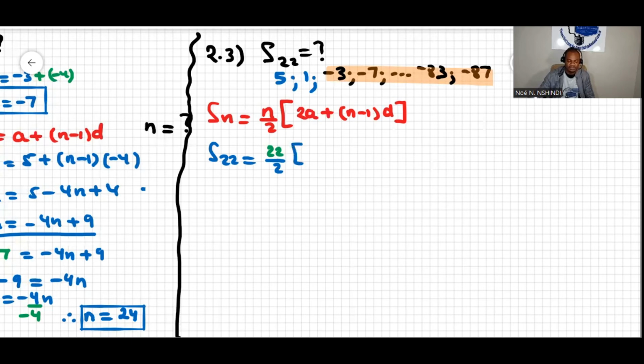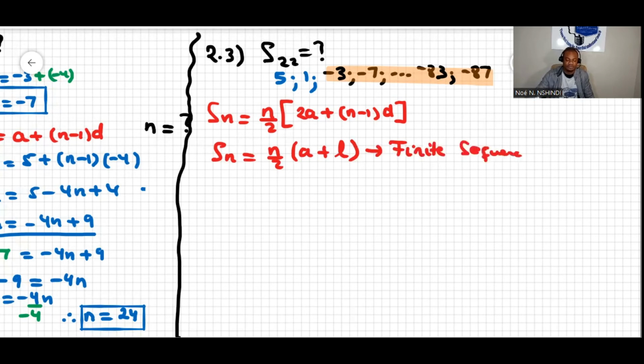We can also use the other formula because we know the first and the last term. Sn can also be given by n/2 times (a plus L). We use these two formulas, but this one is specifically for when we have a finite sequence. Now I prefer to use the second formula.